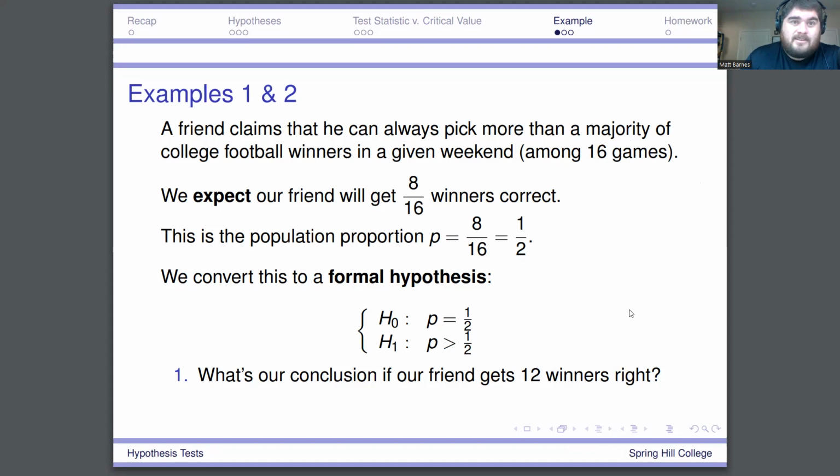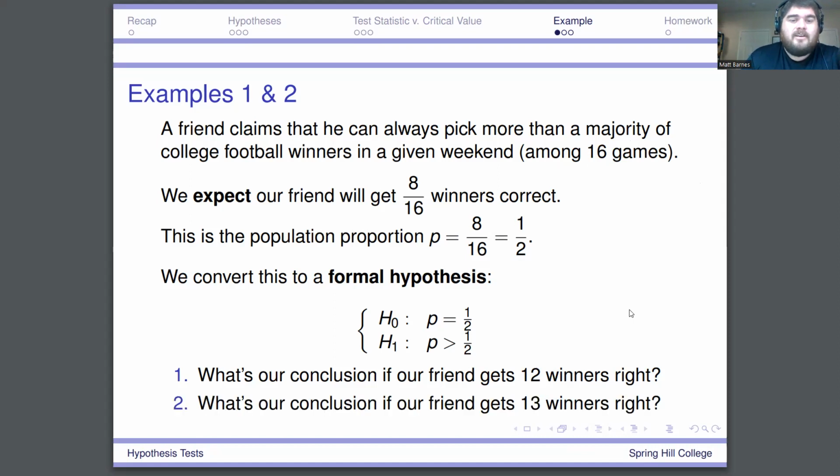I'll have an example of this on our Canvas page. What is our conclusion if instead of 12, they get 13 right? Now our P and our Q are still the same. The only thing that's changed here is the number they've gotten right. So we still have N equals 16 games, but our P hat has changed now to 13 over 16.